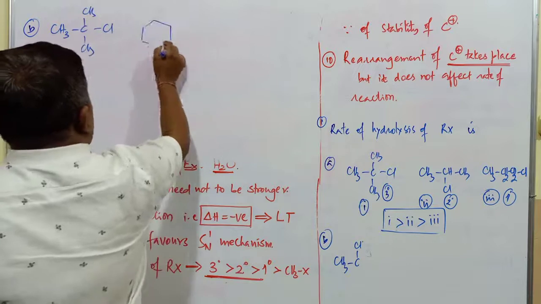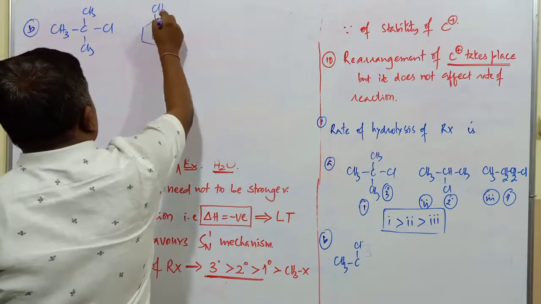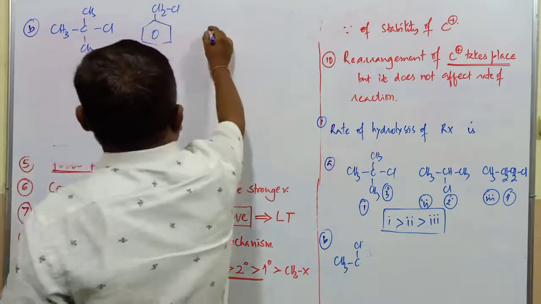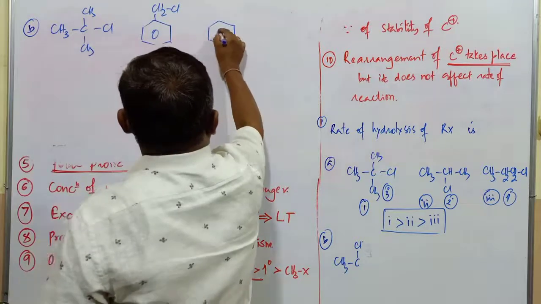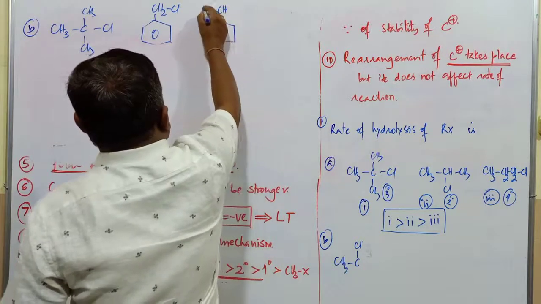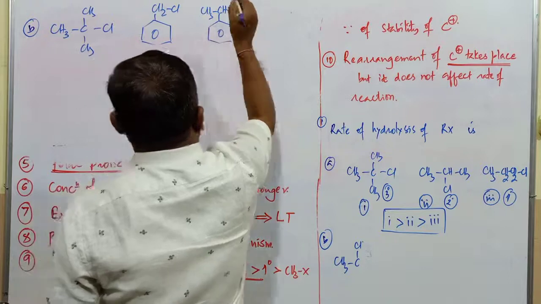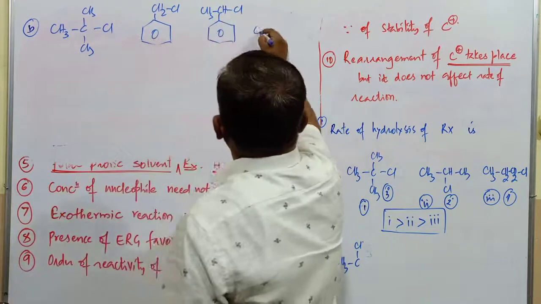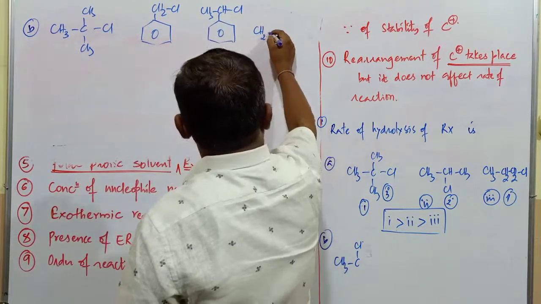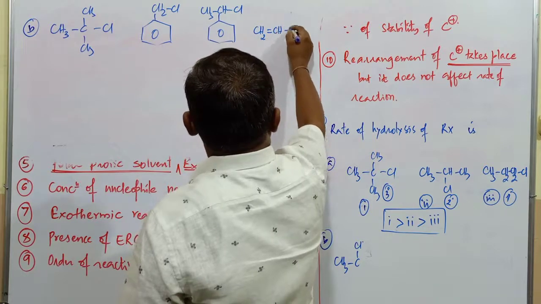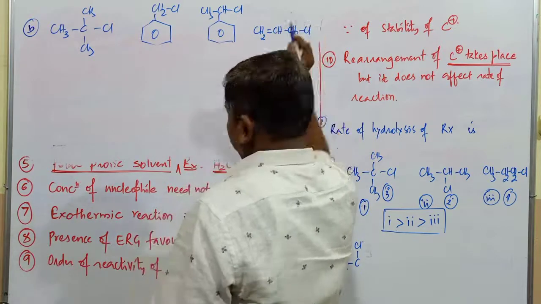And one more molecule, this one is CH2Cl. Next one is CH, CH3, this is Cl. One more compound, this is CH2 double bond CH, CH2Cl.